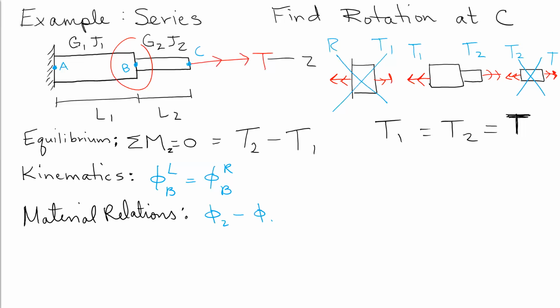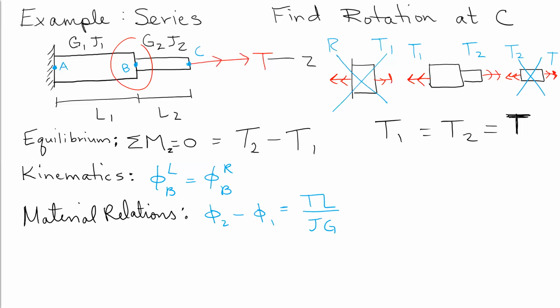Phi2 minus Phi1 equals TL over JG. This equation is always talking about a change in angle. TL over JG tells you the amount of relative rotation. If one end starts at 0, then it's an absolute rotation, but generally speaking, this is a relative rotation equation.